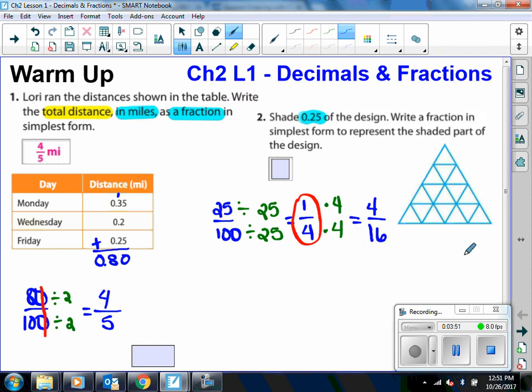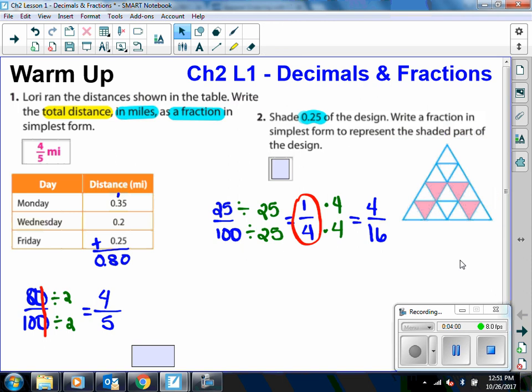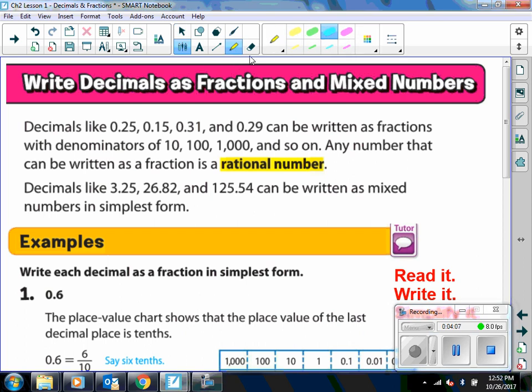So now we're going to write decimals as fractions and mixed numbers. Make sure you write down your heading. Okay, and you don't have to write all of this, just their definition. It says here that any number that can be written as a fraction is a rational number.